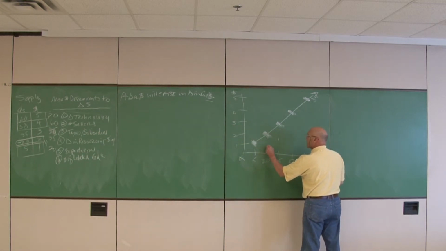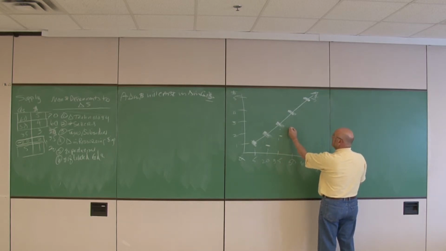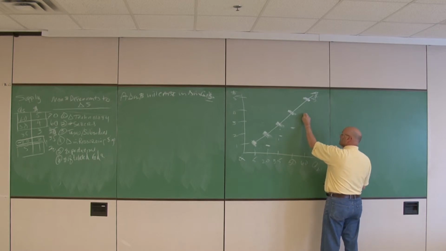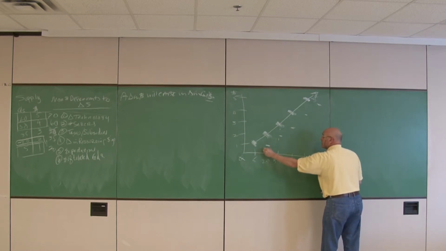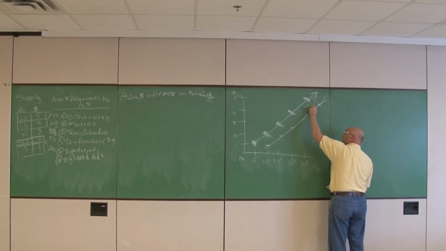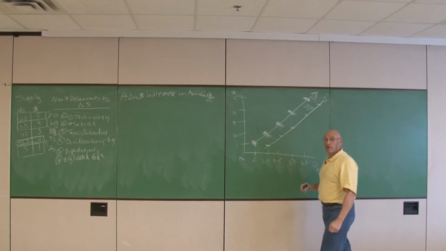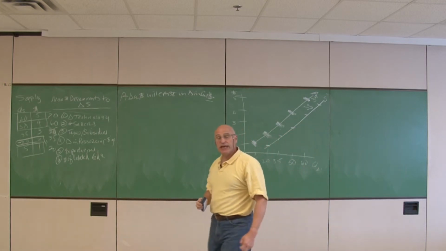So at $1, I'm now bringing 20, and the prices continue up. And in this case, my supply curve has actually moved to the right, away from zero, and we say that my supply curve has changed.